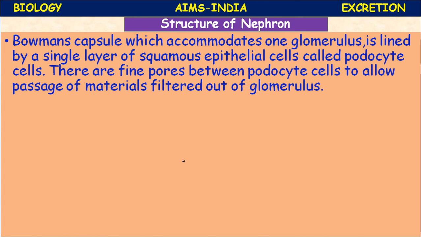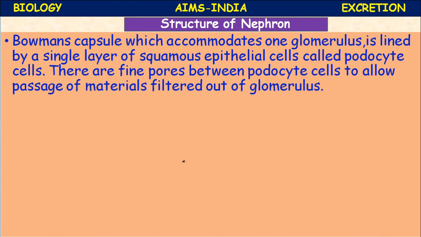Bowman's capsule accommodates only one glomerulus. It is lined by a single layer of squamous epithelial cells, also called podocyte cells. We already came across this in epithelial tissue.